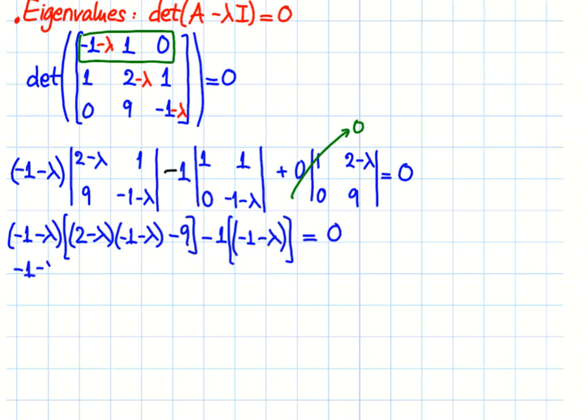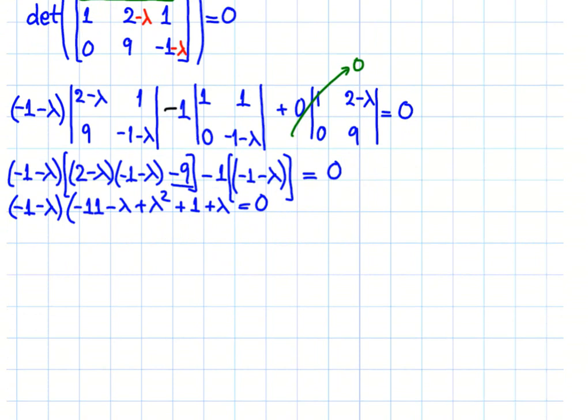Minus 1 minus lambda. 2 times minus 1 is minus 2, with the minus 9 here, makes it minus 11. 2 times negative lambda, so minus 2 lambda plus a lambda, so minus lambda, plus lambda squared, minus the negative 1 is plus 1, minus a negative lambda is plus lambda, equal to 0.